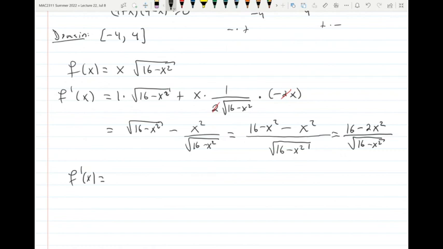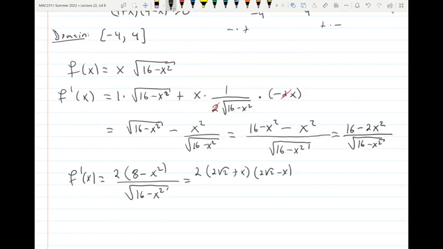So we can factor out 2. So we get 8 minus x squared. Okay, and then let's take it a step further. Now the roots here are plus or minus 2 square root of 2, right? So that would be 2 square root of 2 plus x, 2 square root of 2 minus x.